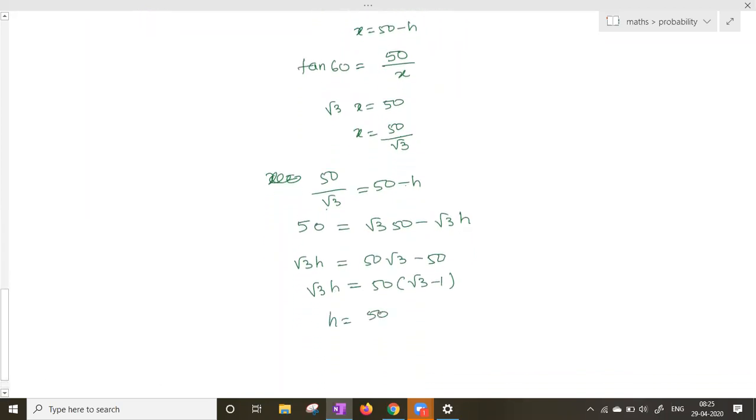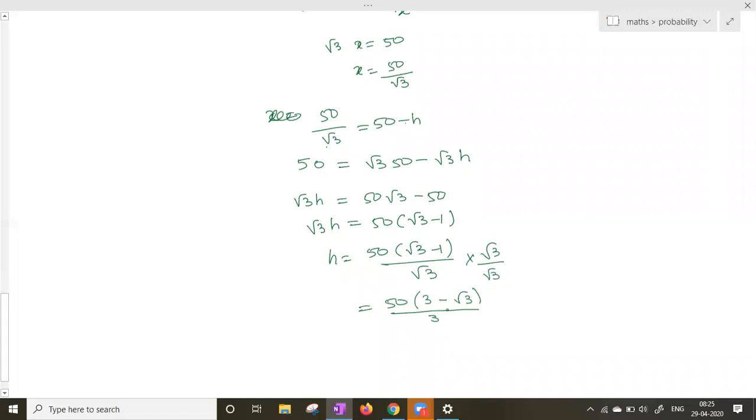So h is equal to 50 into root 3 minus 1 by root 3. Rationalize it. So 50 root 3 inside bracket only we are multiplying 3 minus root 3 divided by 3. First find out the 3 minus root 3 value, multiply with 50 and then only divide by 3. At the first step don't take the approximate answer.